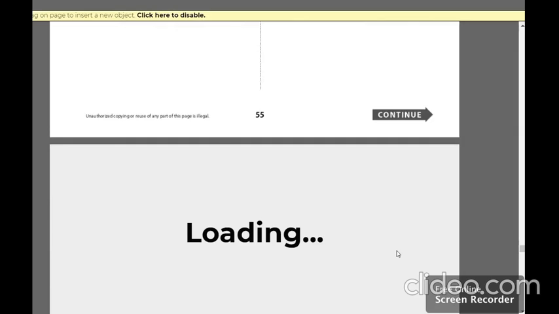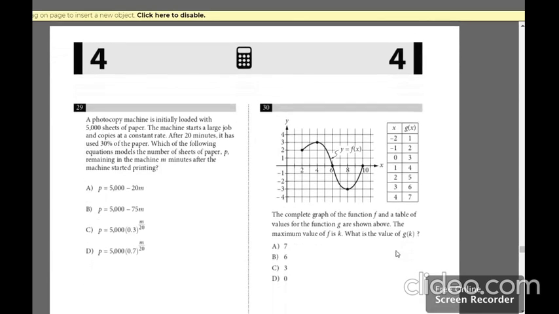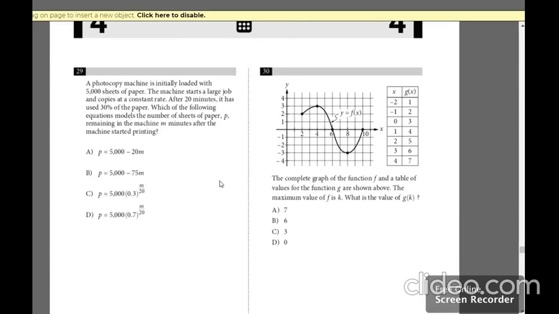Moving on to the next one, question number 29, a linear equation sort of. A photocopy machine is initially loaded with 5,000 sheets of paper. The machine starts a large job of copies at a constant rate, so keep this in mind. After 20 minutes it has used 30% of the paper. Which of the following models the machine's paper?